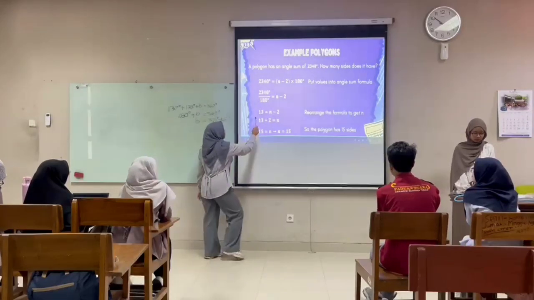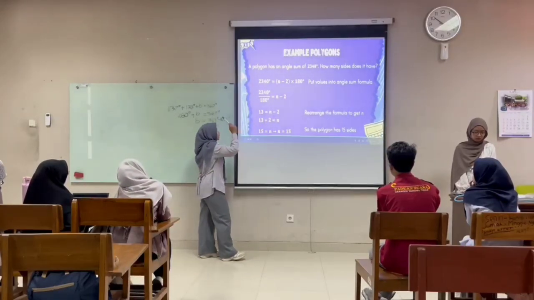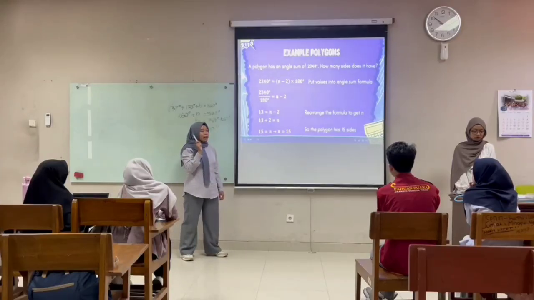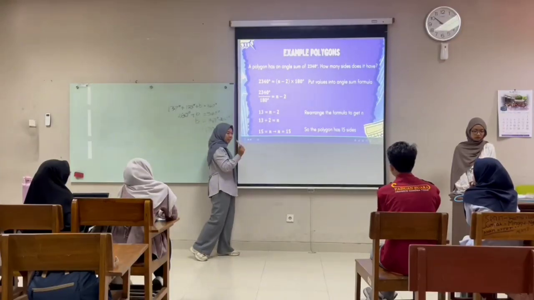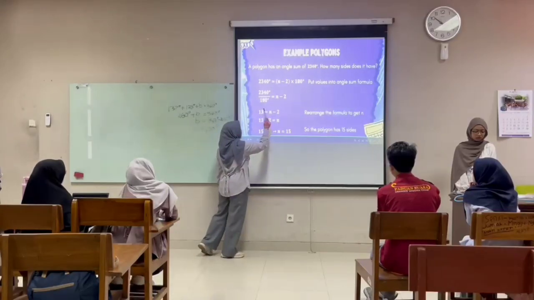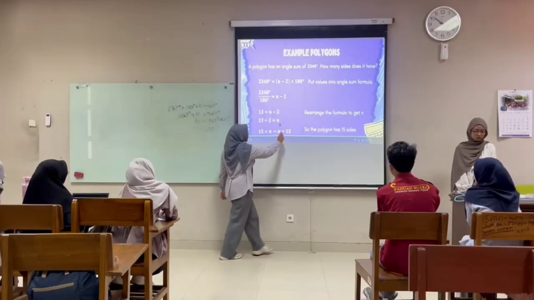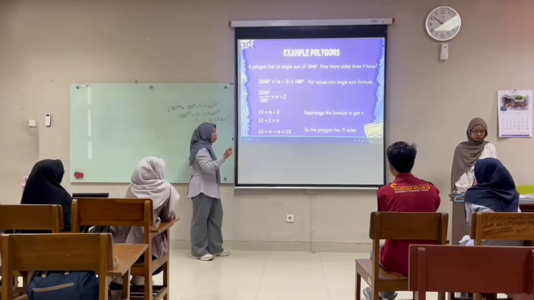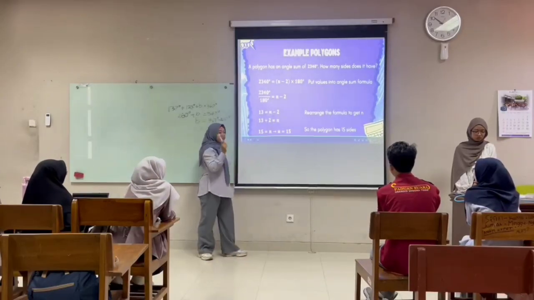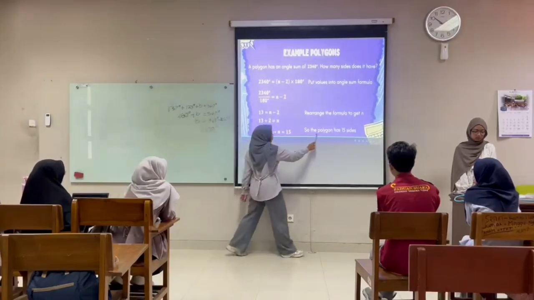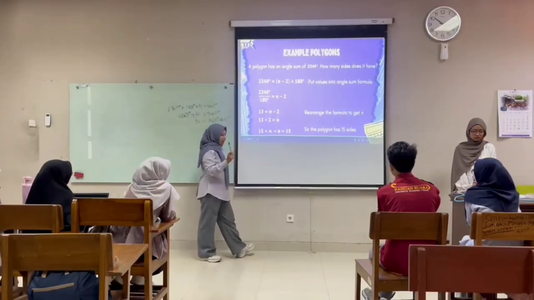Okay? 2,340 degrees over 180 degrees is 13. Okay, good job. 13 is n minus 2. We enter the formula to get n. So, 13 plus 2 is n. 13 plus 2 is? Okay, good job. 15 is n. So, the polygon has 15 sides.